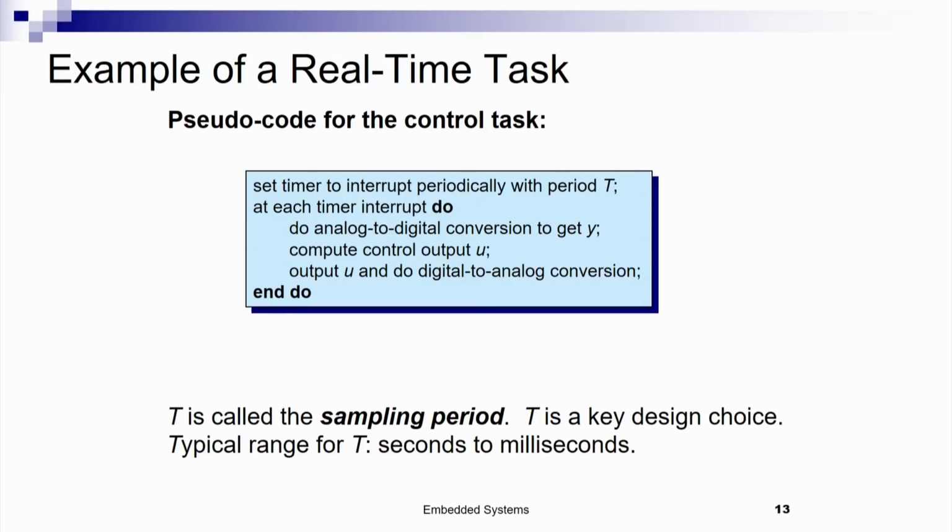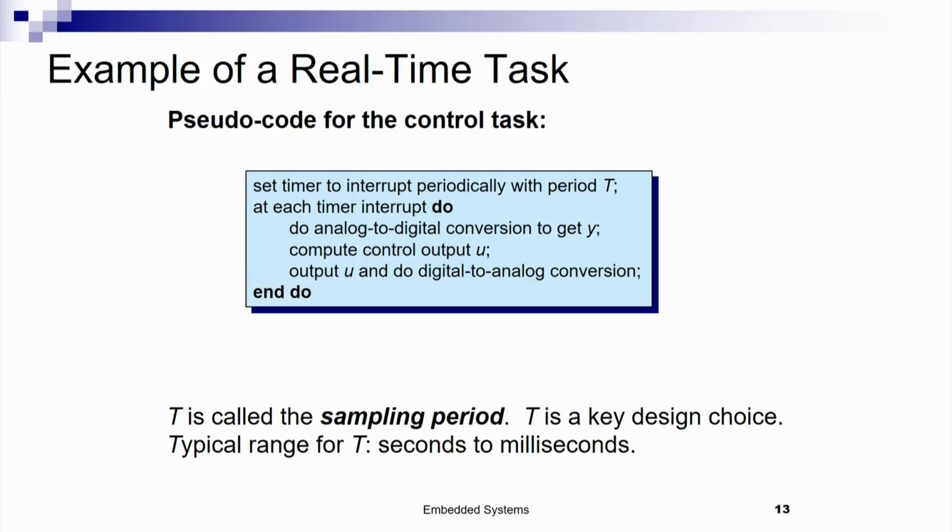Let us take a look at this control task. So, what is happening in this control law computation or this control task? We set the timer to interrupt periodically with a period t. So, every t units of time, I check what is the current speed of the car, say. At each timed interrupt, we do analog to digital conversion of y to get the digitized version of the current speed.